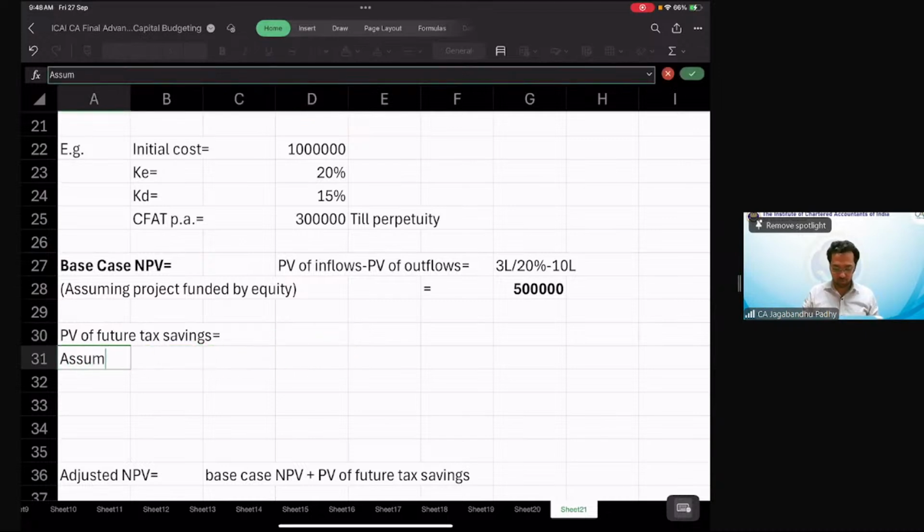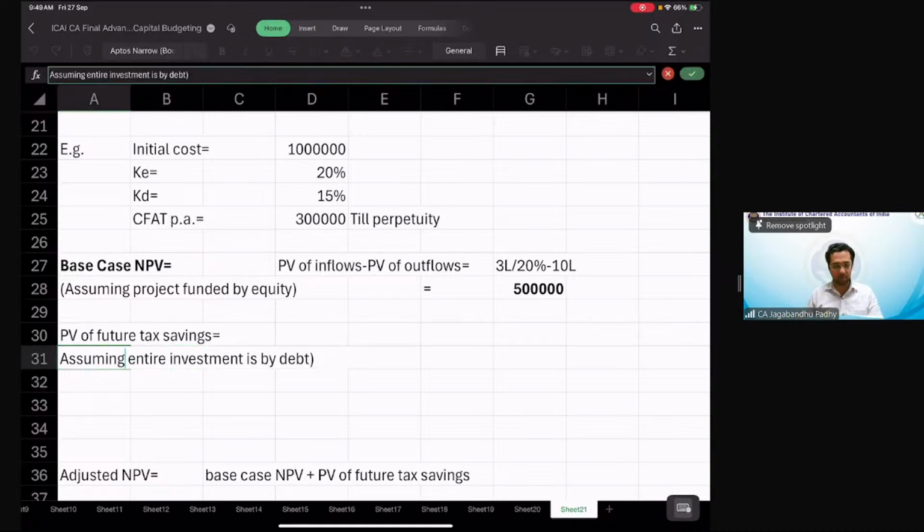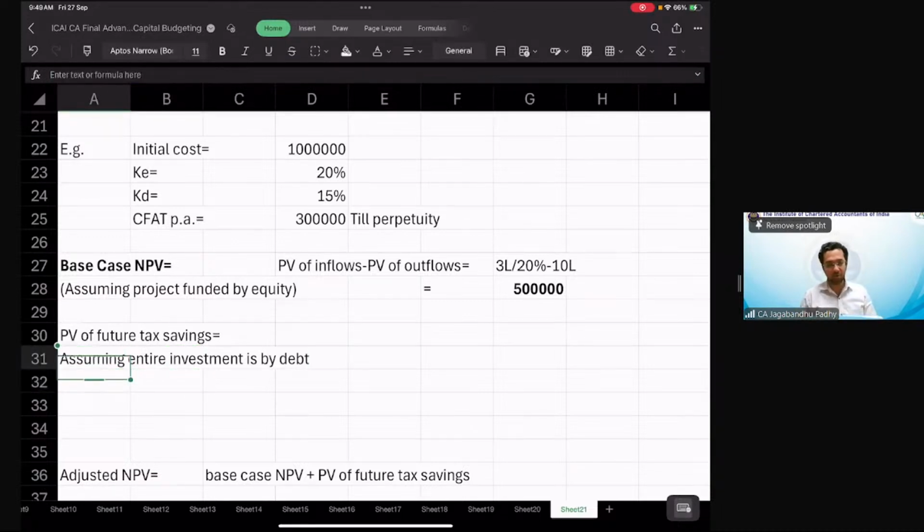Of course, assuming entire investment is by debt. So if you assume that entire investment is going to be by debt, how much debt are we going to raise? Of course, 10 lakh, right?